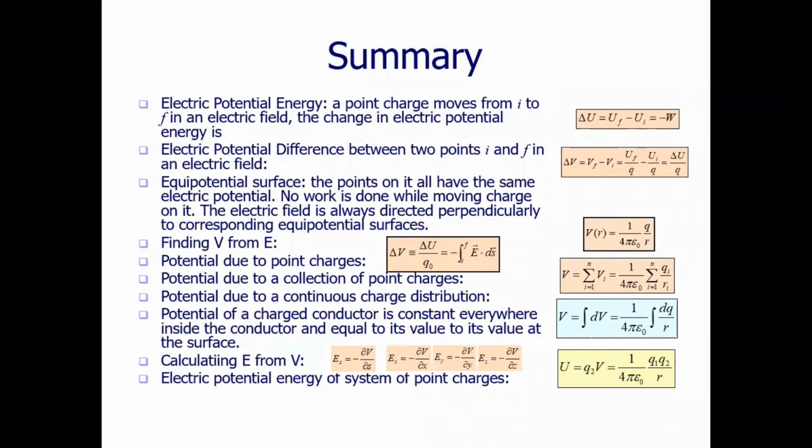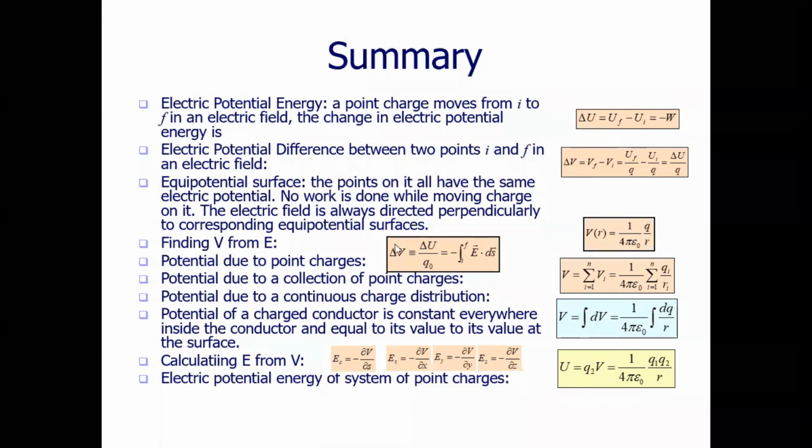So if you have the electric field, then you can find the electric potential by using this equation. You are doing an integral from the initial point to the final point of the path integral of the electric field. If you do this integral, then you would have found the change in the potential.